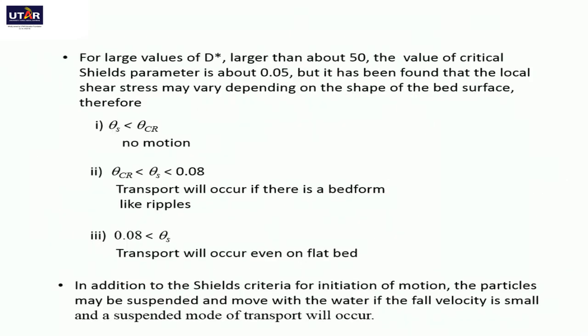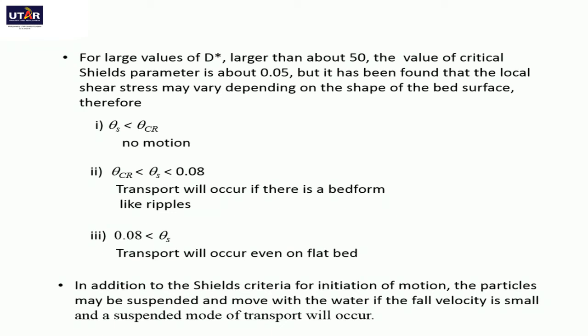For large values of d star, the value of the critical Shields parameter is about 0.05, but it has been found that the local shear stress may vary depending on the shape of the bed surface. Therefore, when the Shields parameter theta s is smaller than the critical Shields parameter theta CR, there is no motion.